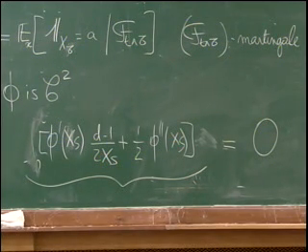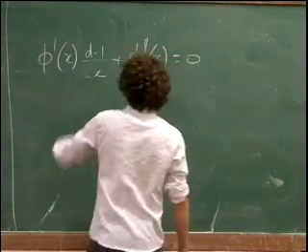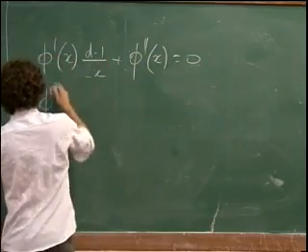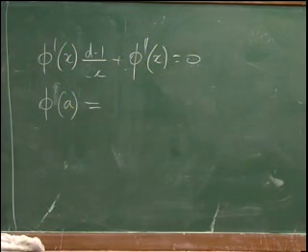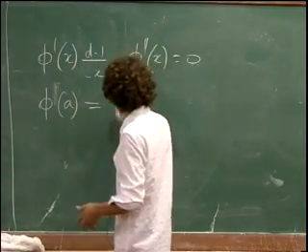Okay, but this equation I can solve if I have boundary conditions, and they are easy to get. Phi of A: if I start from A, I exit instantaneously from A, so phi of A is 1.